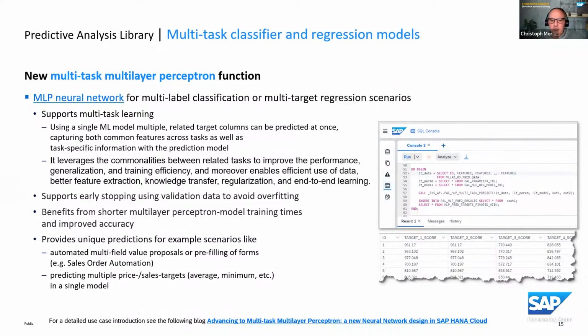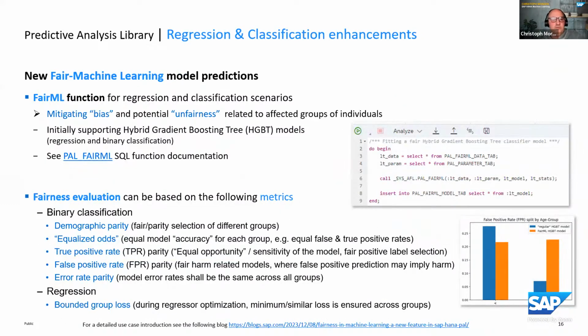And we'll see a brief demo of that later on. And there's also a link to a specific blog in here and also in the overview blog for more details on the algorithm.